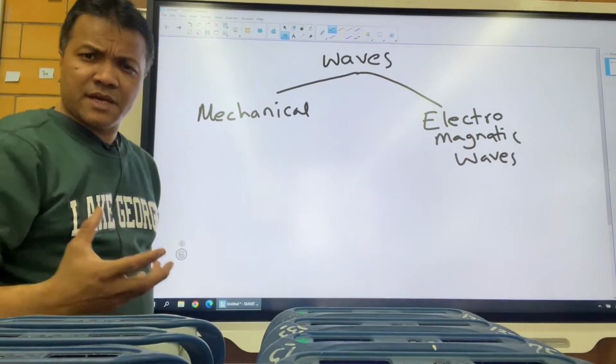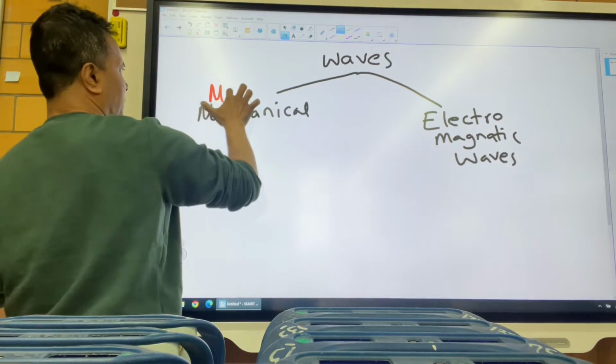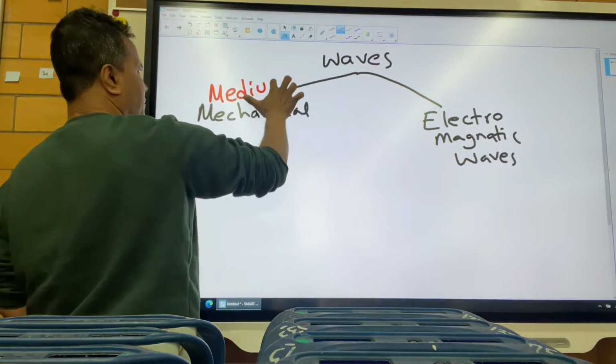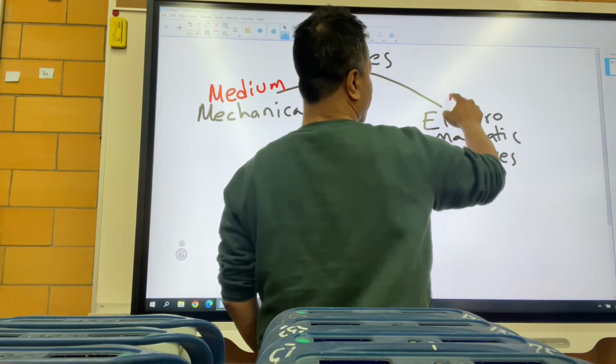Mechanical waves need a medium. Electromagnetic waves do not need a medium.